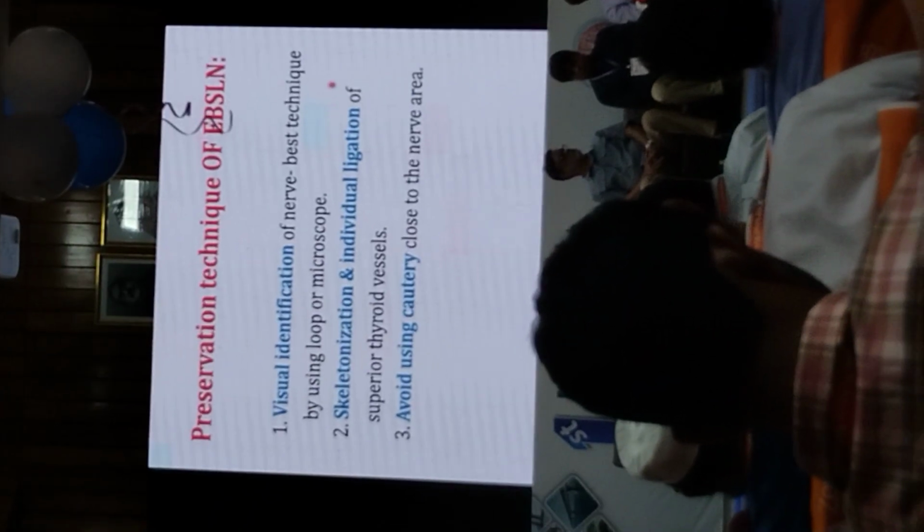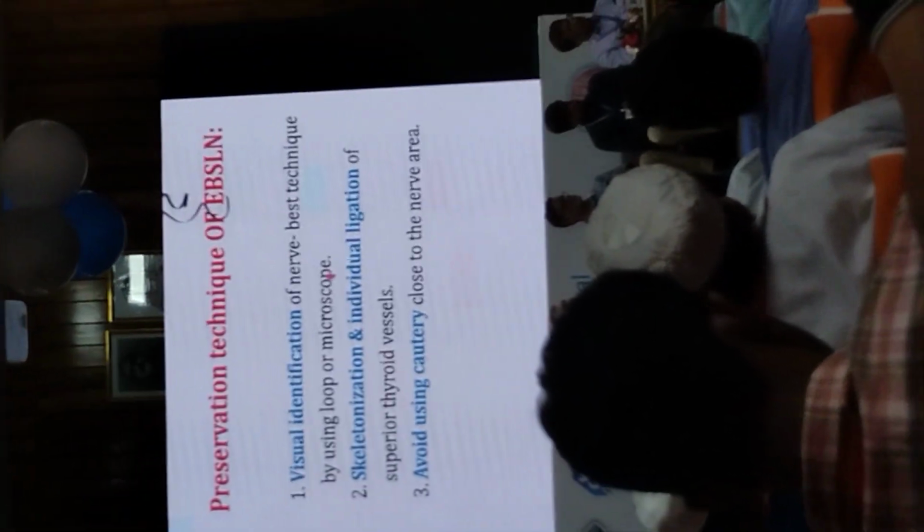So what is the technique of preservation of the external branch? Number one is visualization. You should see the nerve. How can you see? Either you can use loupes or you can use a microscope. But loupes are not an alternative to the microscope. You should use a microscope if you try to see the nerve. And number two, if you do not have a microscope or loupes, how can you preserve the nerve?